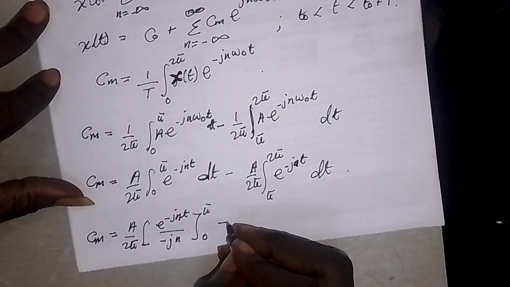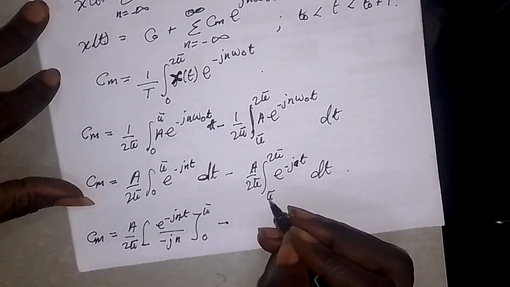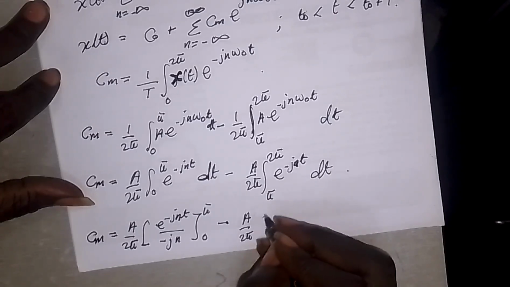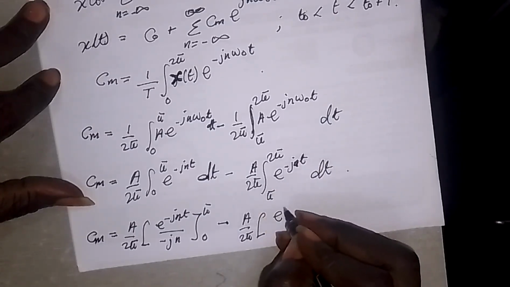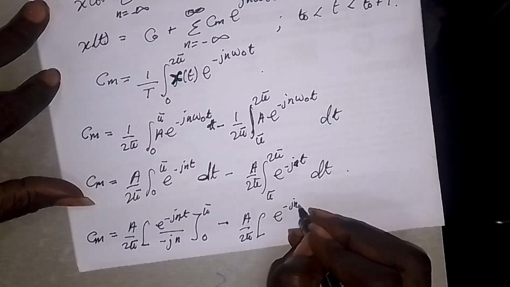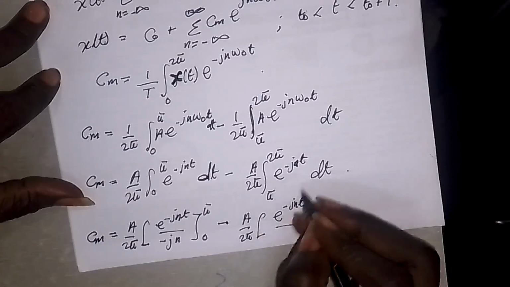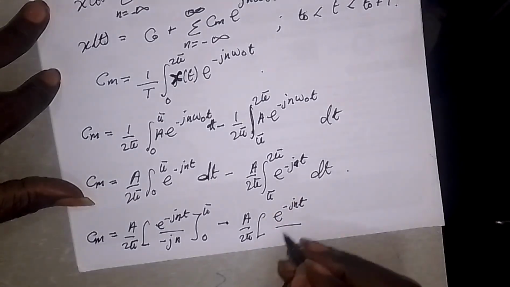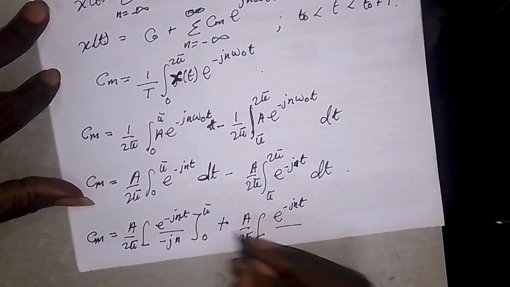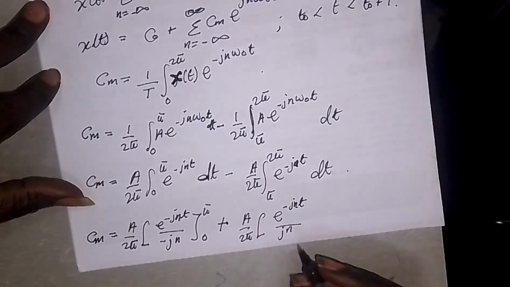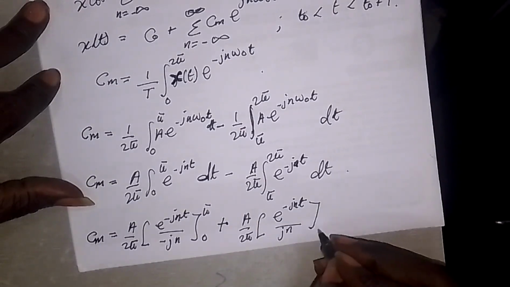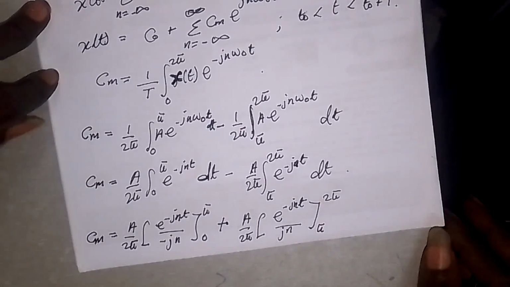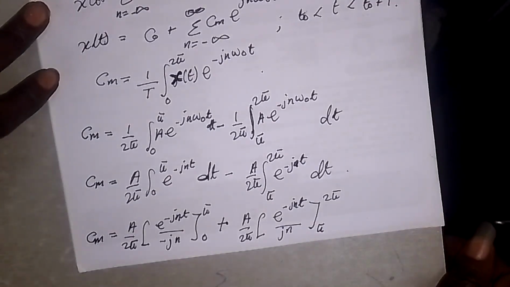Then if I integrate this, I'm going to have A over 2 pi into e to the minus jnt over minus jn. But the minus will make this one plus, so that I can make it jn here, and then here I can make pi into 2 pi. Alright, so this is how I can actually get it.